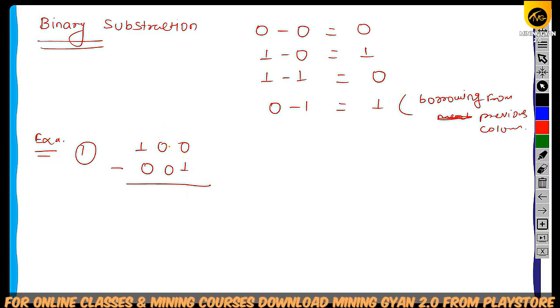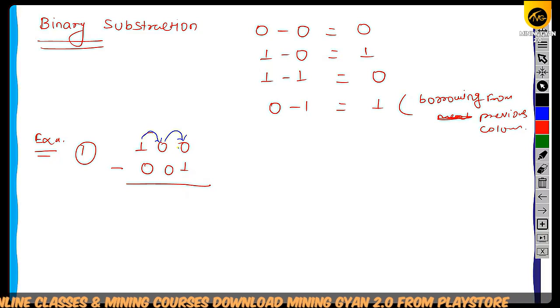The previous column is already 0, so we have to borrow from the next column, that is the 1. So 1 is borrowing from here, and then borrowing from the previous column, so it will become 10. Always remember this, it will become 10.